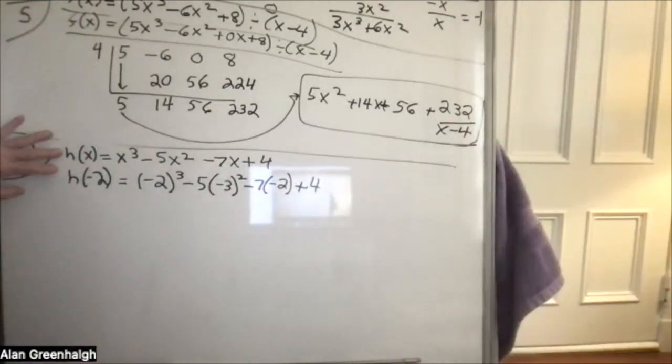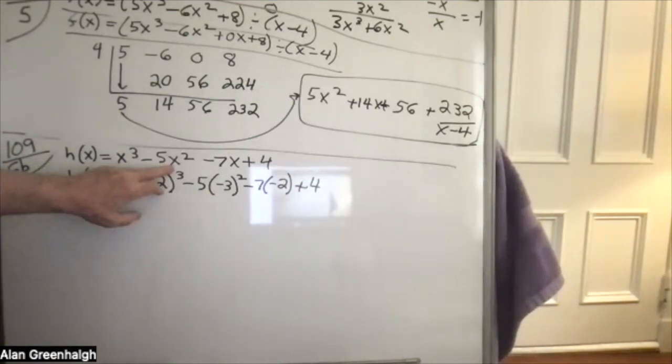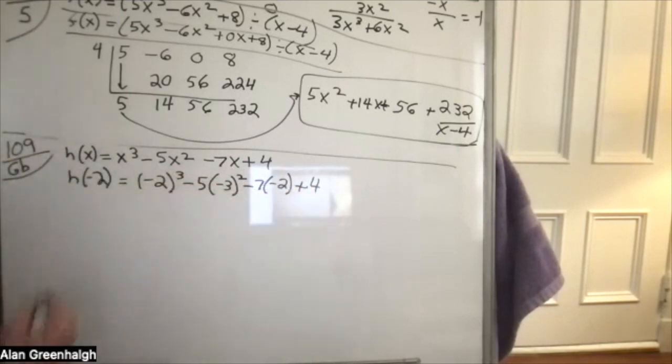This is the original function. This was what happens when we substitute the -2. I want to make sure I did everything the way I want it to come out. All right, now, -2 to the third is -8.